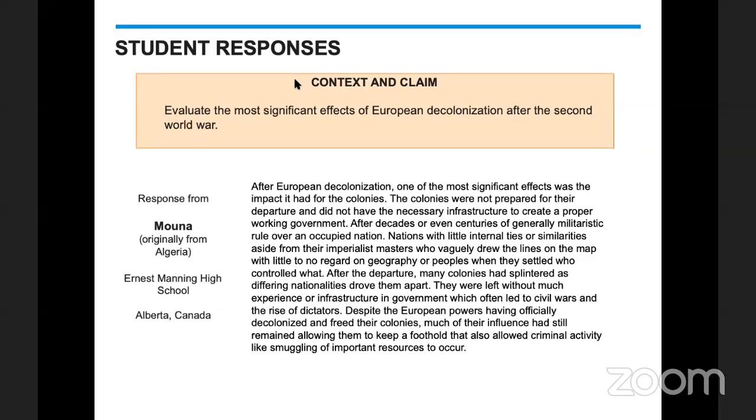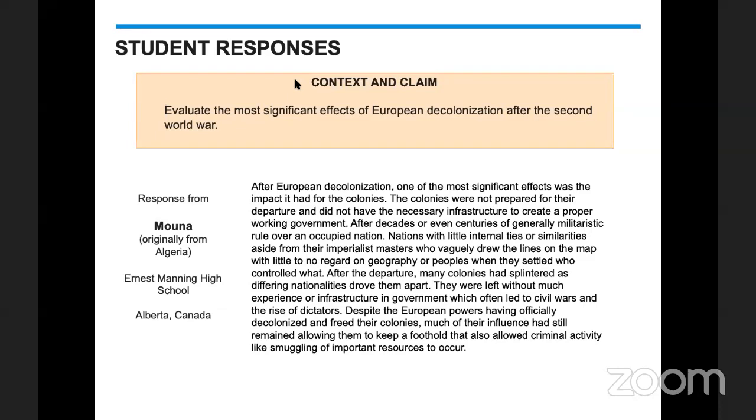So Moana writes, after European decolonization, one of the most significant effects was the impact it had on the colonies. The colonies were not prepared for their departure and did not have the necessary infrastructure to create a proper working government. After decades or even centuries of generally militaristic rule over an occupied nation, nations with little internal ties or similarities aside from their imperialist masters, who vaguely drew the lines on the map with little to no regard for geography or peoples when they settled who controlled what.